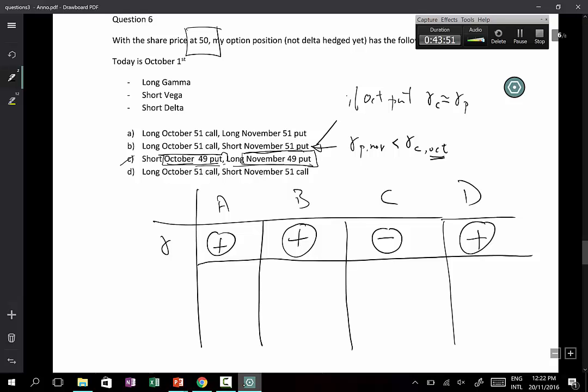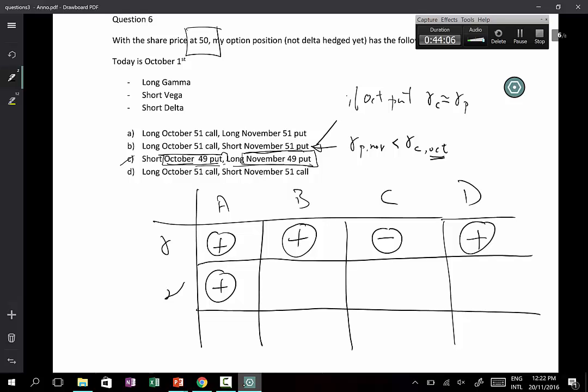Now, and then you can look at Vega. Now that's an easy one. If I'm long and long, I have to be long. If I'm long a call, which is, let's say, $1 away from the money, positive or negative, okay?